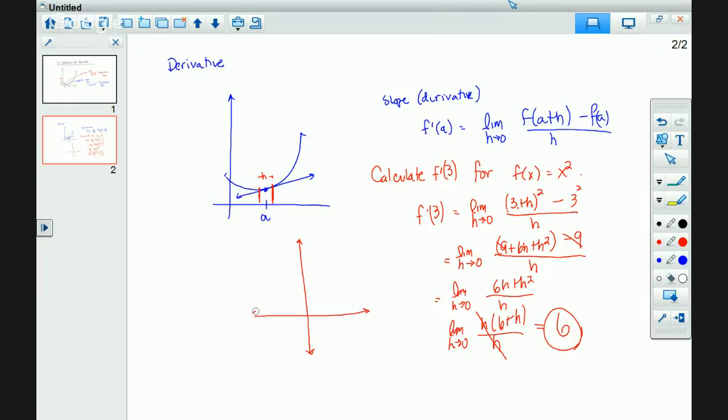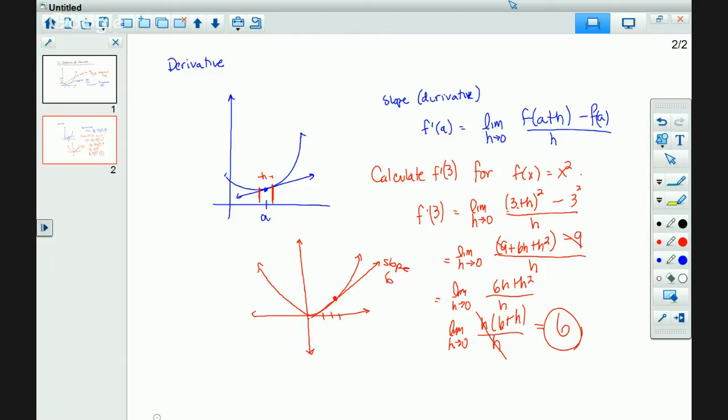It's just 6. Okay, so at 3, there's a tangent line. The slope of that line is 6.